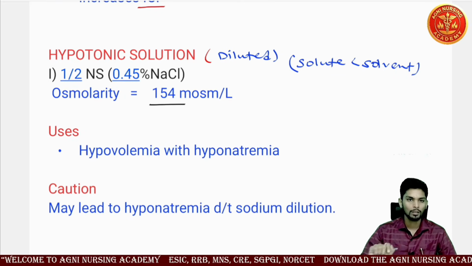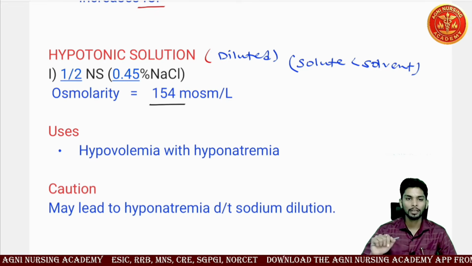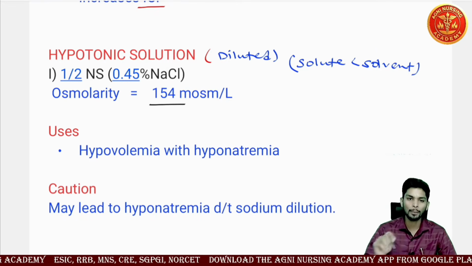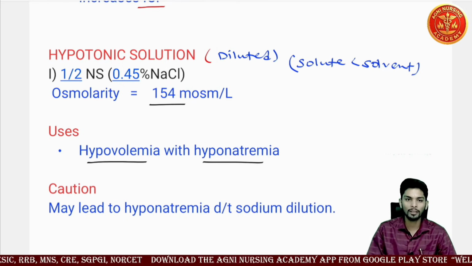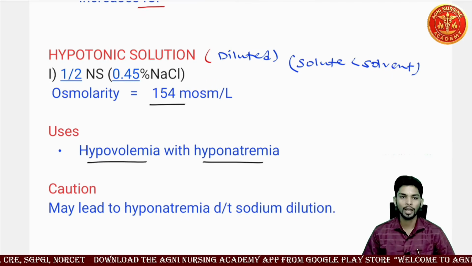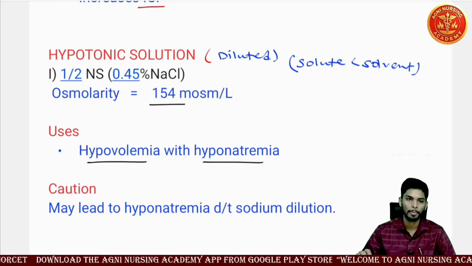Where will we use this hypotonic solution, half NS? First, in hypovolemic cases with hyponatremia. We have to provide sodium for that patient. So in cases of hyponatremia and hypovolemia, we will prefer half NS, that is 0.45% normal saline.